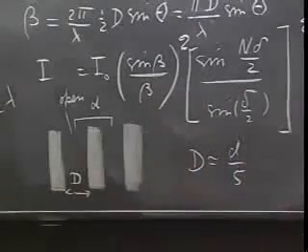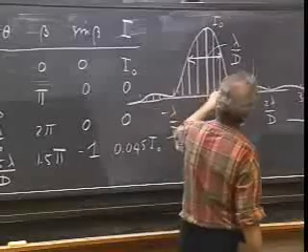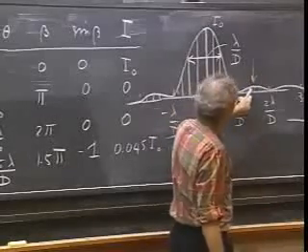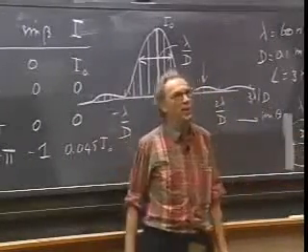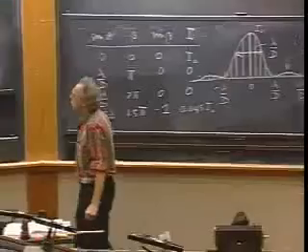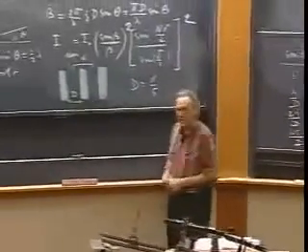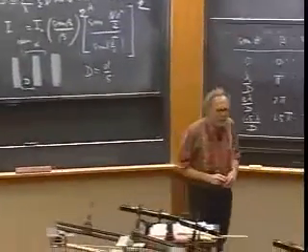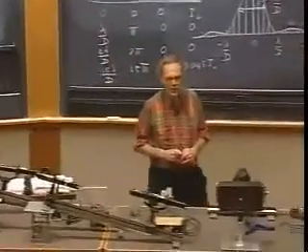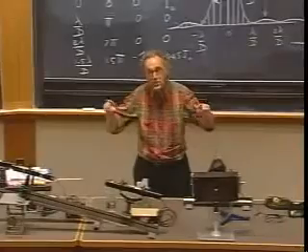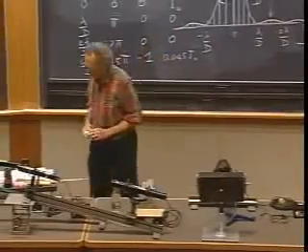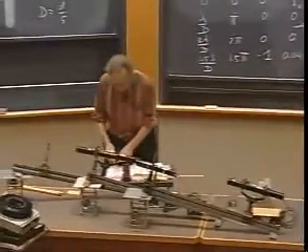So you would see zero order, 1, 2, 3, 4, and 5 would be killed here, and then they would build up a little again, and then ultimately, of course, they would all peter out. If I show you a spectrum of a grating, you can roughly estimate what the ratio capital D over little d is by seeing that modulation pattern. And that's what I want you to see now.